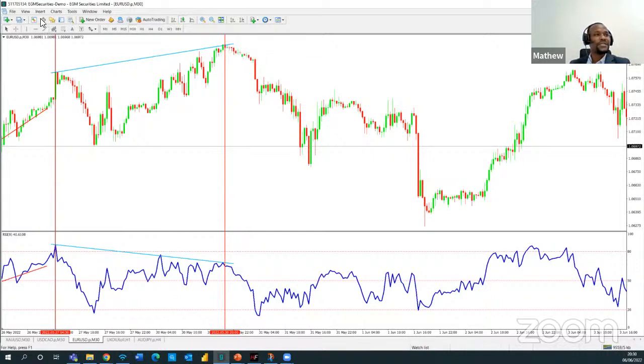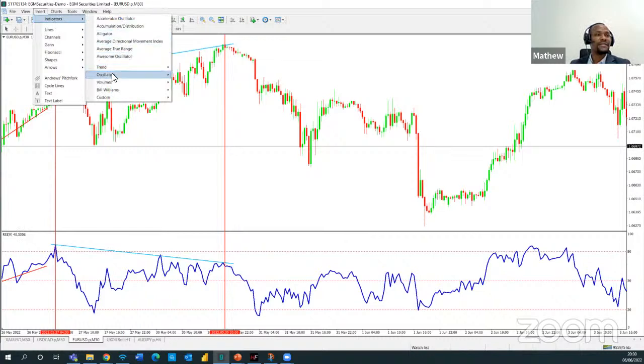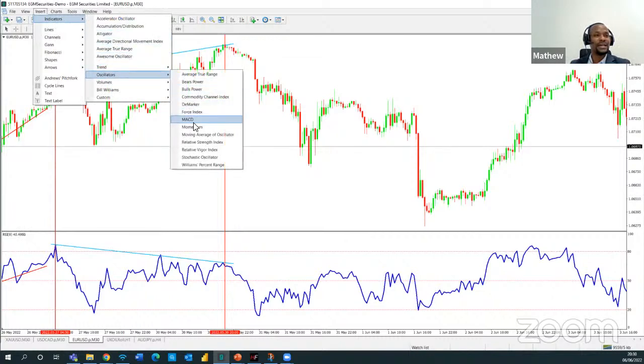So let me try to insert an oscillator, the stochastic oscillator, onto this RSI, and the viewers can as well learn how to add an indicator on top of another indicator. So I'll go to insert indicators, go to the oscillators, and I'm looking for stochastic oscillator.